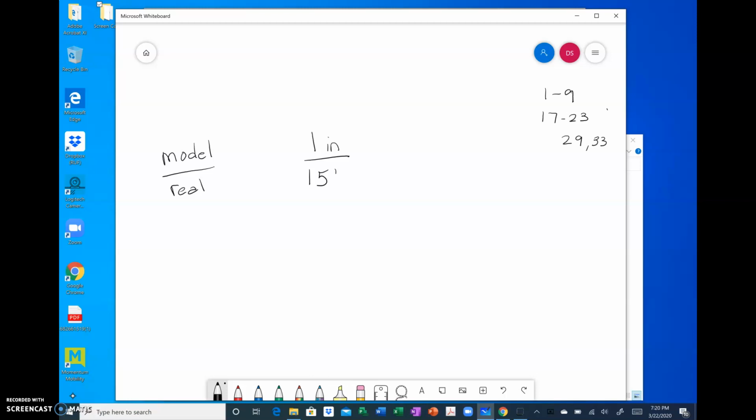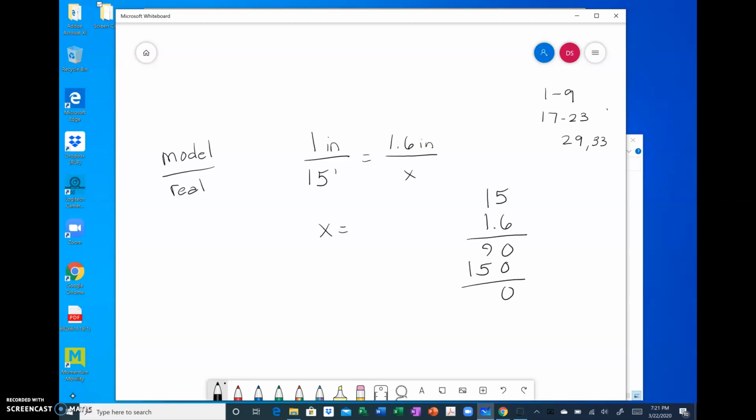So for number 6, we have that in the floor plan, it's 1.6 inches. And so what would that be in the actual house? Okay, so we put an X down there. And then when we cross multiply, we'll get X on the one side, and we just need to multiply 15 times 1.6.